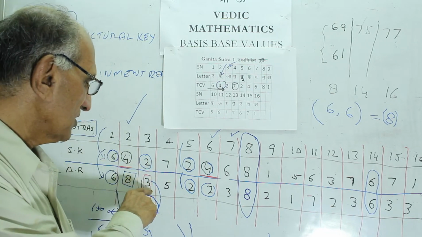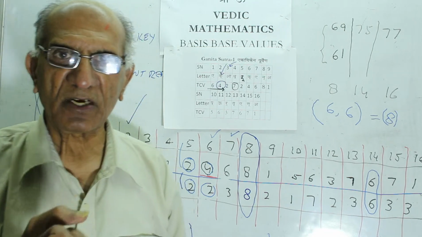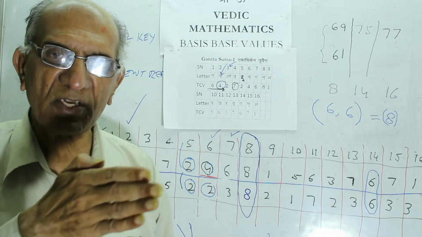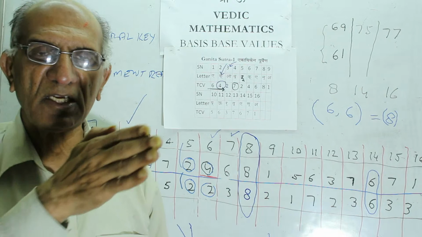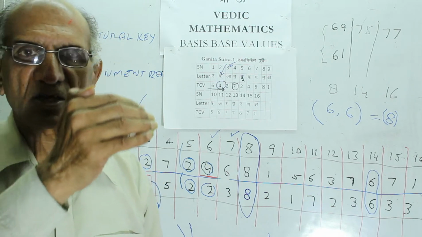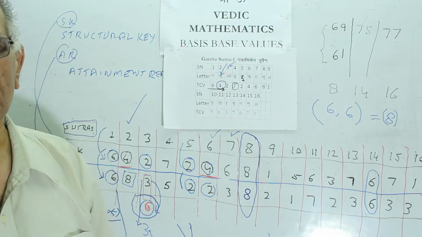So the third step we have to learn, we have to acquire well, we have to be acquainted well, is about the attainment reach values. These attainment reach values are the row, the range, array of the transcendental code values of the first letters of these Ganita Sutras.